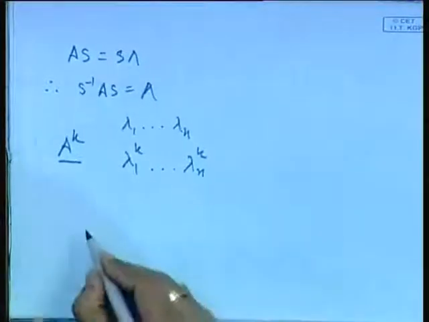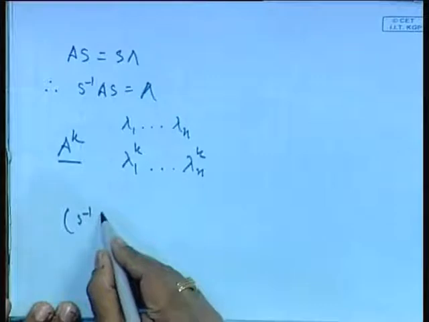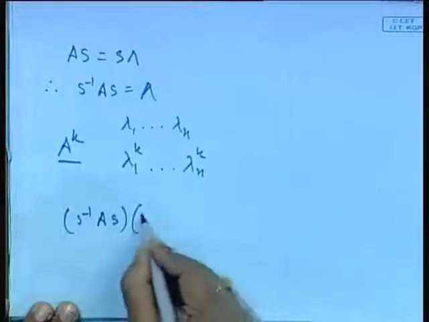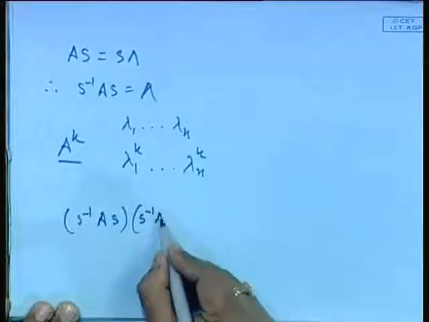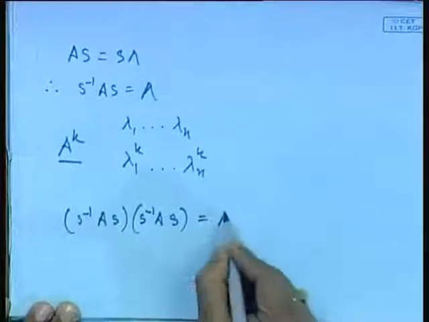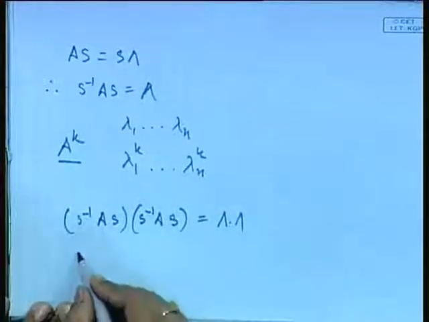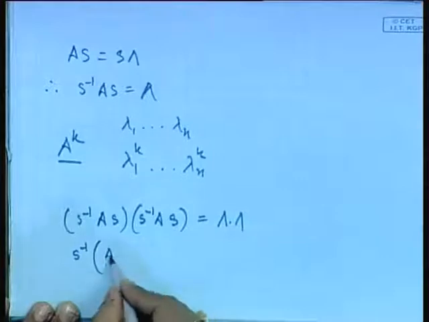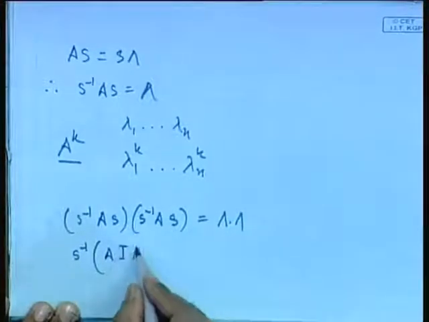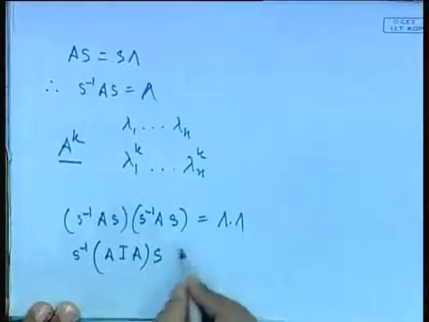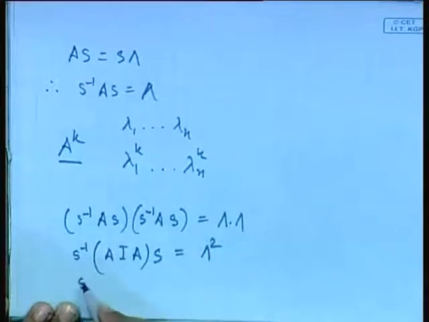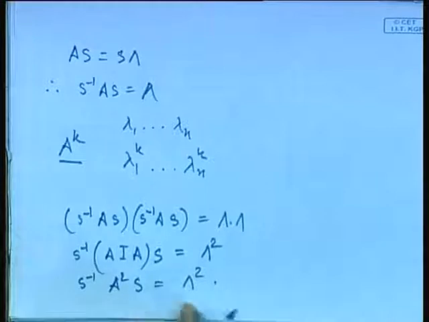So, actually you can use this particular theorem. You just multiply it twice, and here you get S inverse A S gives you I, the identity matrix, or A square S equal to S lambda square.